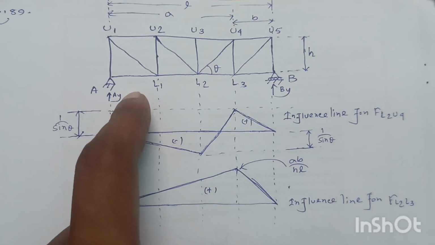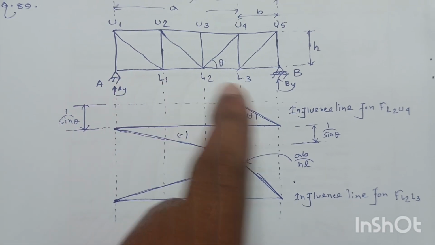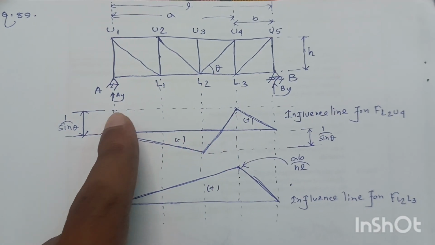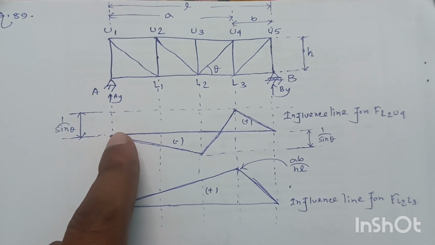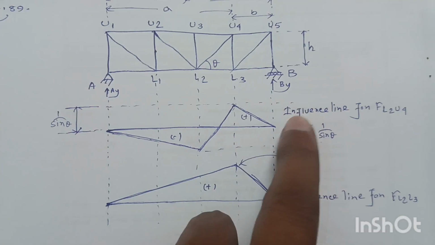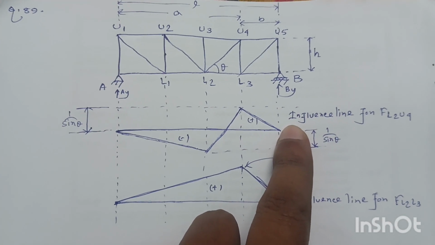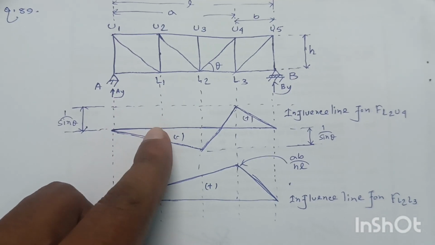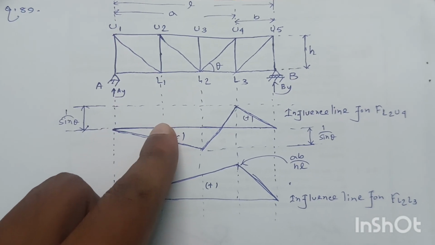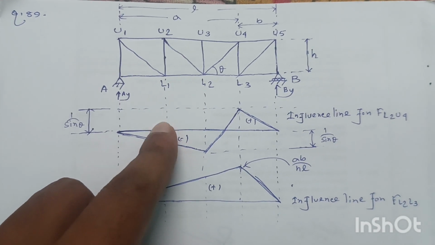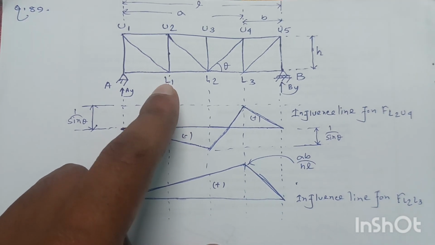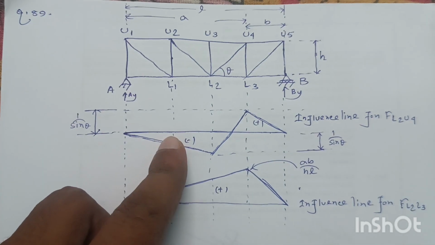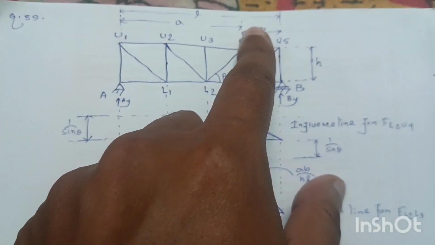We know when the unit load is at A and B, all the member forces are 0. So our influence line graph starts at 0 and ends at 0. Now we will plot this graph. If we want to find the ordinate at L1, the height of the graph, then we need to place the unit load at L1 and calculate the force in L2 U4.